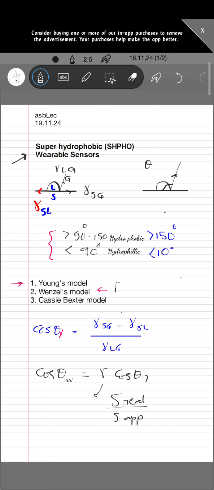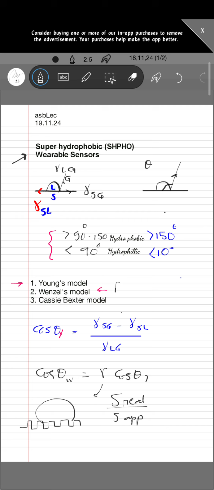The difference between the real and the apparent contact area is due to the fact that in this model we assume the surface is not smooth but rough, so a water droplet which falls on the surface will have different contact areas due to the roughness.